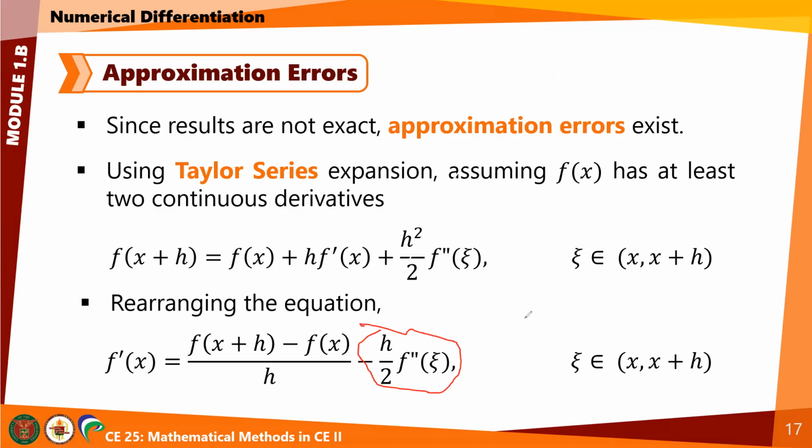That's what we call the truncation error. That is an inherent error of the method. So whatever you do, the result of your analysis will never be exact.